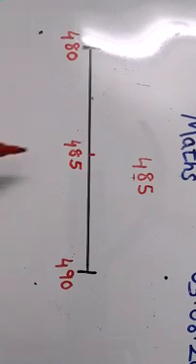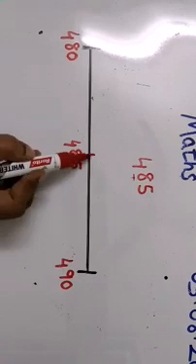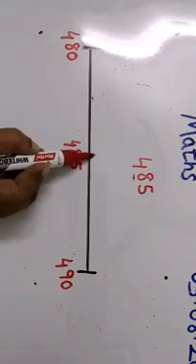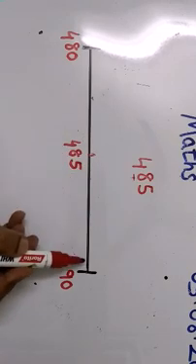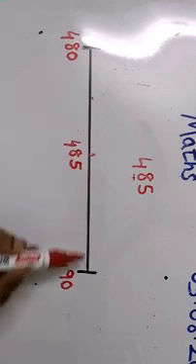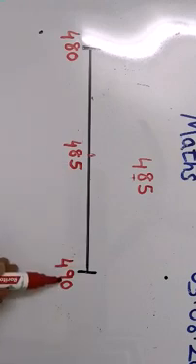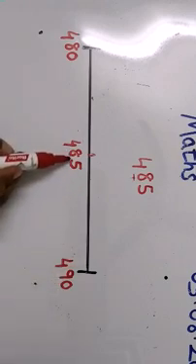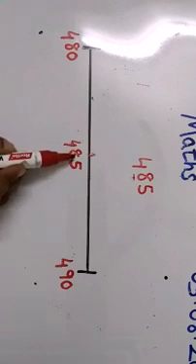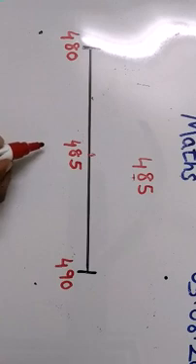Now children, remember this. Last time we had said, you remember? The number which is in the middle or higher than that tends to move towards the higher tens. It is closer to this 490. So my number 485, when I round up, comes to 490.